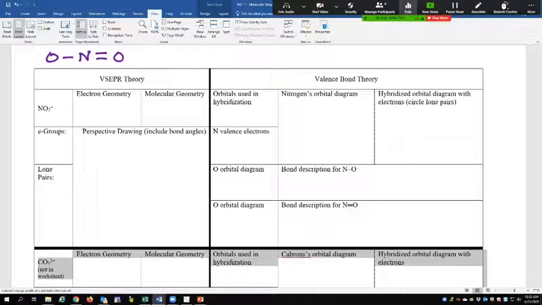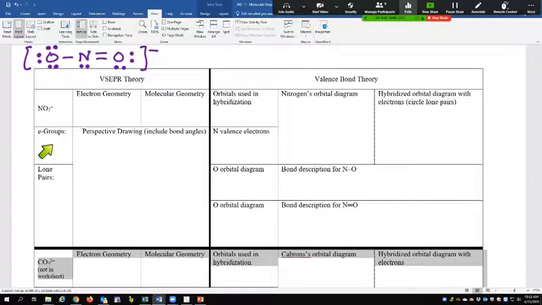So hopefully you've got this done on worksheet 10. And there's our Lewis structure. So from looking at our Lewis structure from worksheet 10, then we can fill in the VSEPR theory stuff.